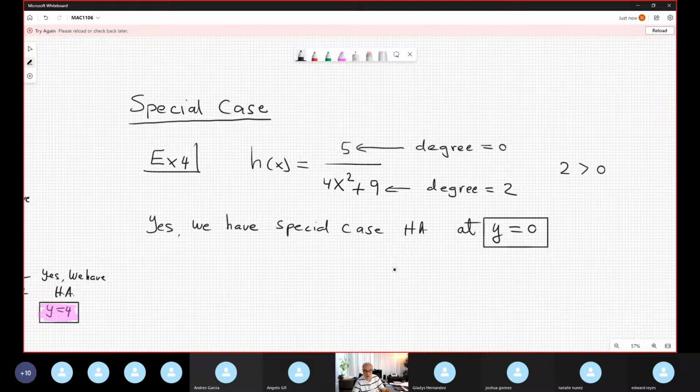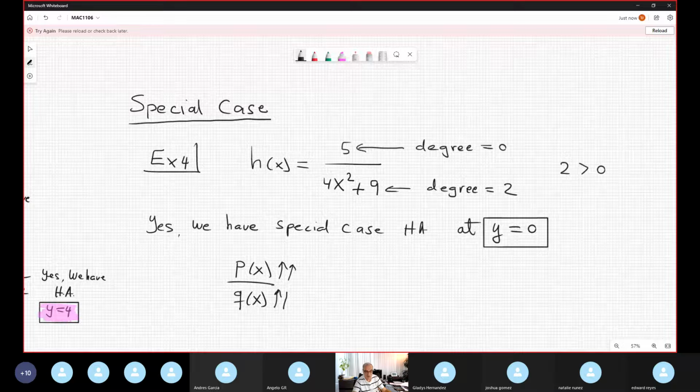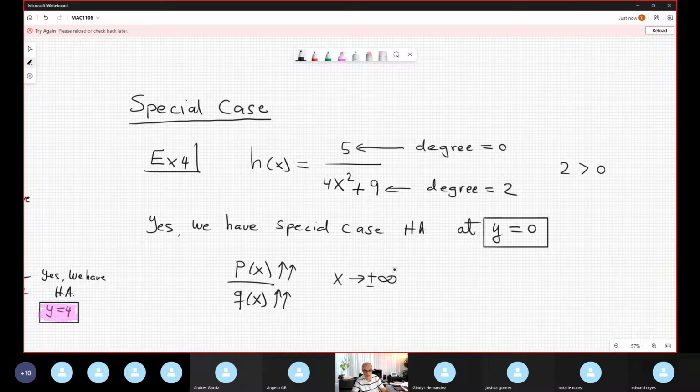Okay, when you divide two polynomials, p of x divided by q of x, when the degree is the same, it's nice, because this polynomial is increasing at the same speed as this one. That is the reason that at x equal infinity or negative infinity, this stabilizes to one value.